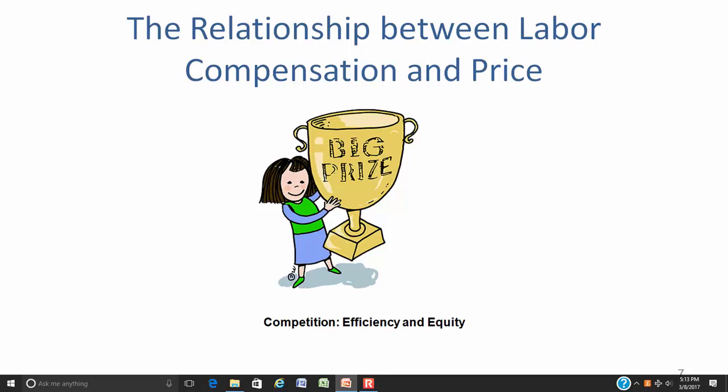Likewise, so long as sufficient competition in the product markets or the goods and services markets is present, efficiency, meaning most goods and services produced at the lowest possible price, will also be closer to being fully realized.